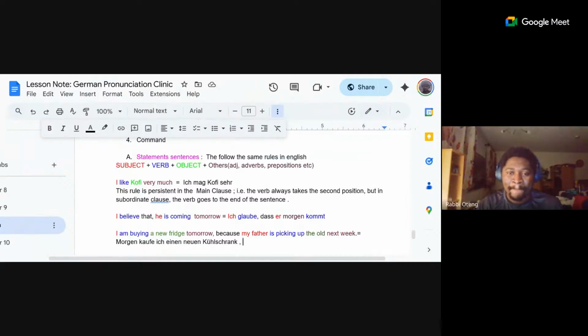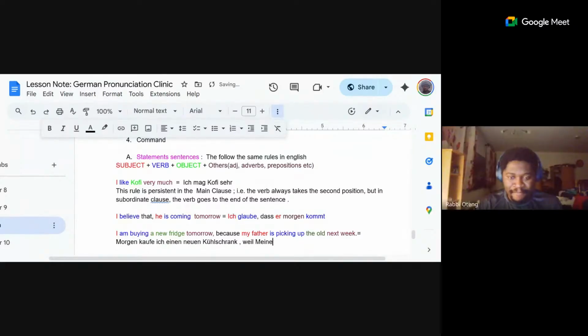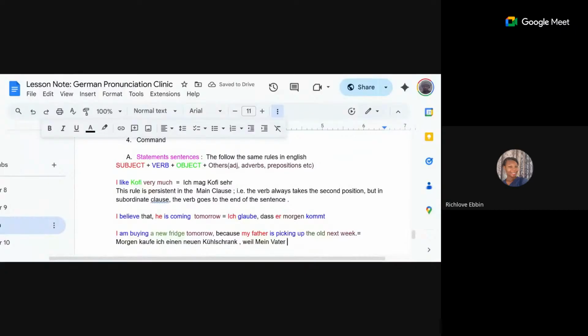Weil mein Vater nächste Woche den Alten abholen or abholt.